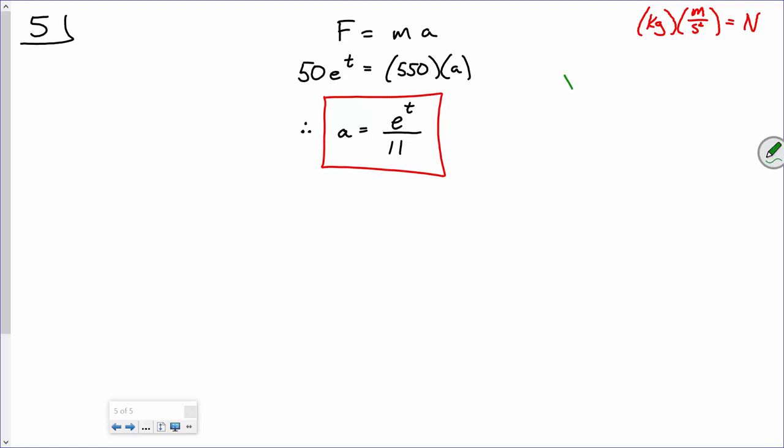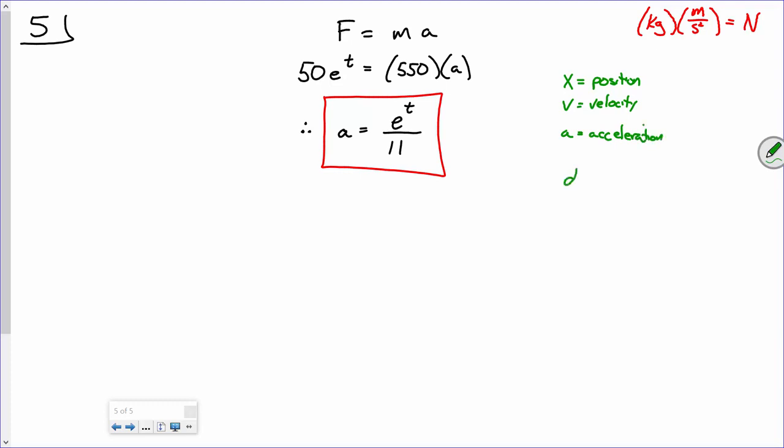Okay, now, help me out. X is position, V is velocity, and A is acceleration. Help me out with a couple things.